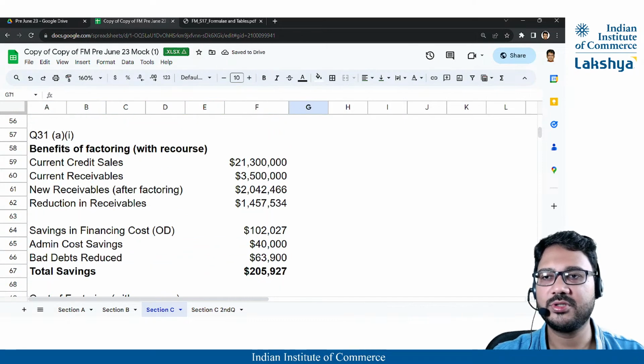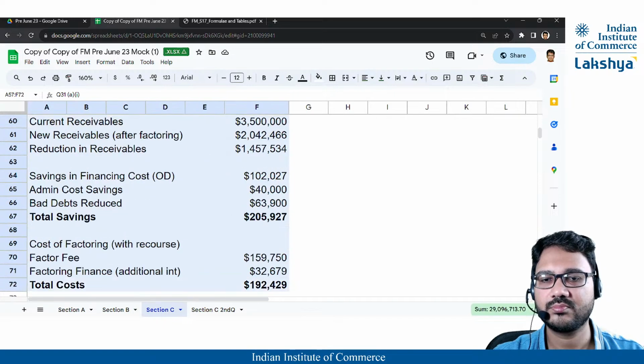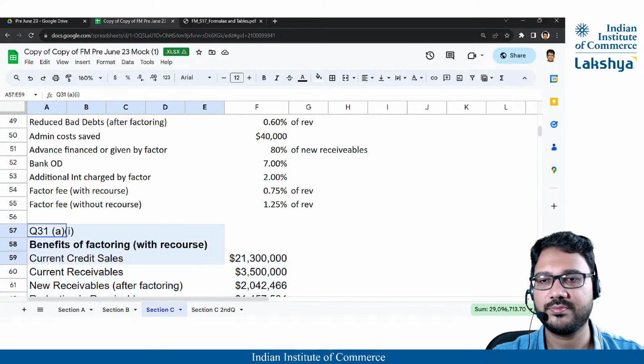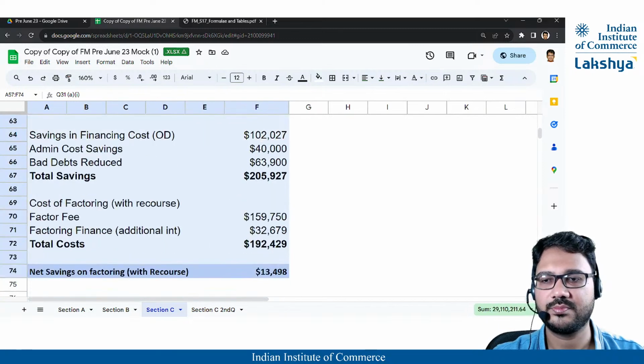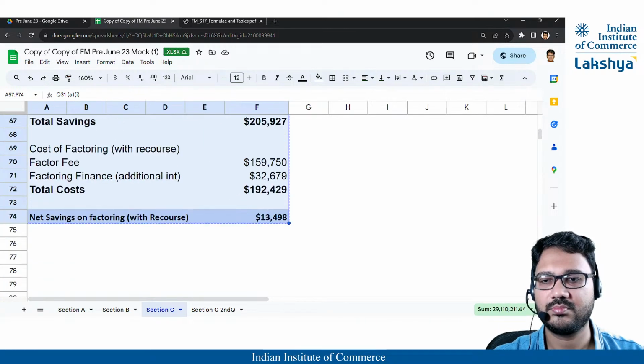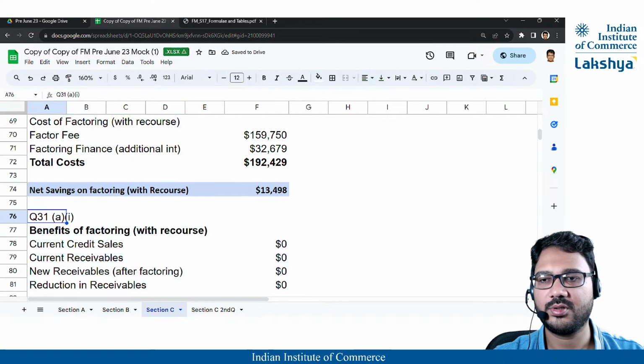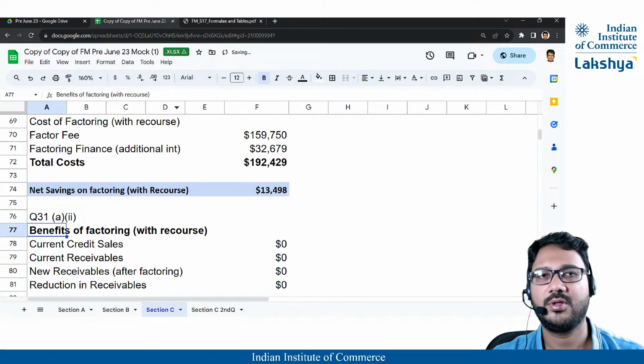Now what we can do is copy paste the entire thing. Right now this is subsection 2, and now it will be factoring without recourse.